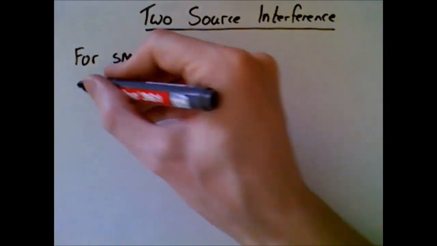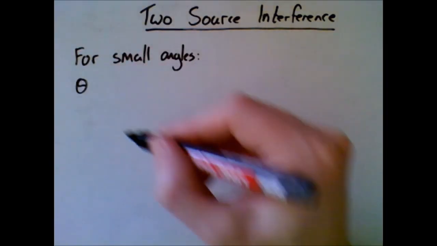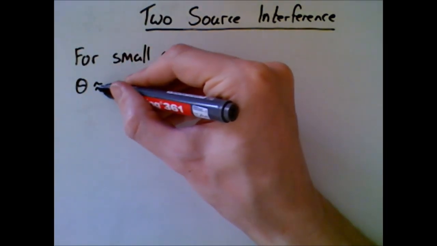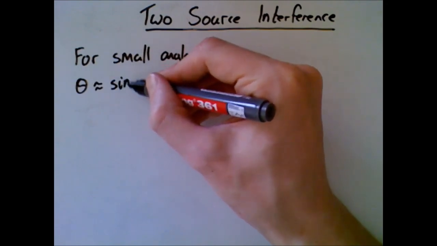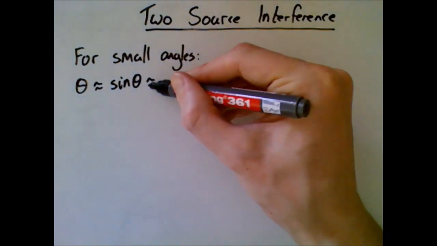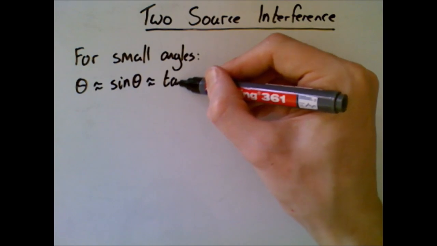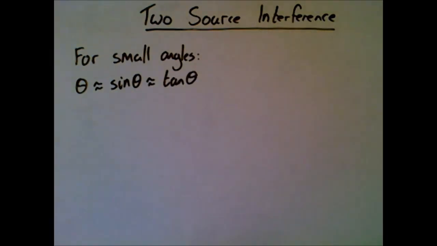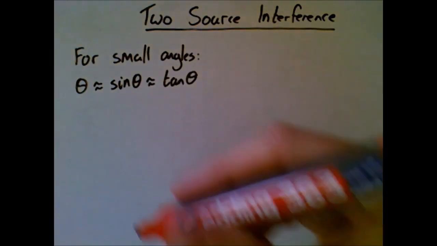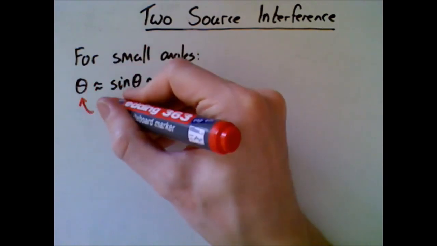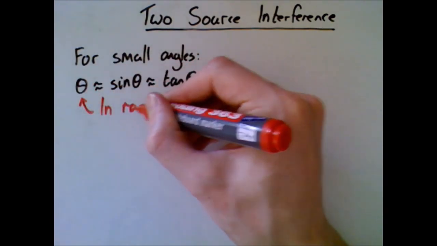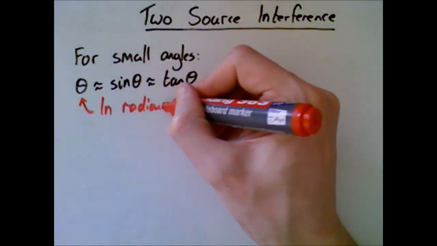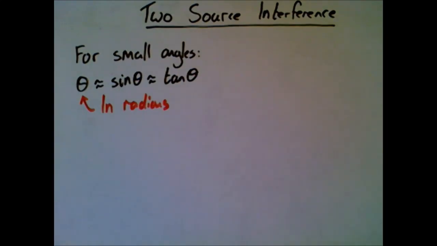So for small angles, the angle theta is approximately equal to sine theta, which is also approximately equal to tan theta, as long as theta is in radians. Okay, so you'll see later why that's relevant, but I just wanted to fit it in at the beginning just to remind you.